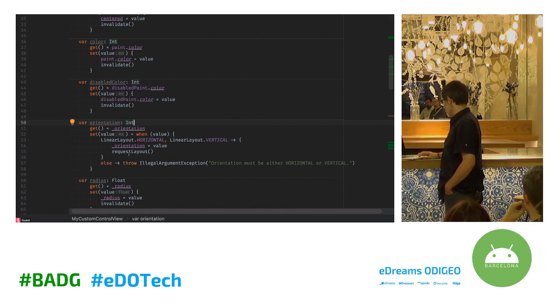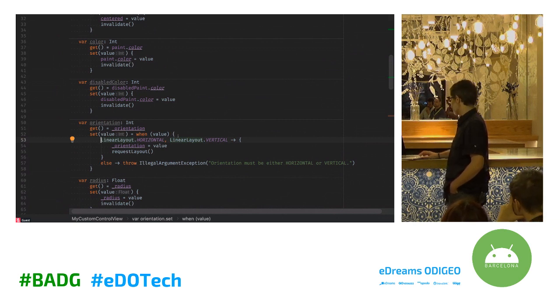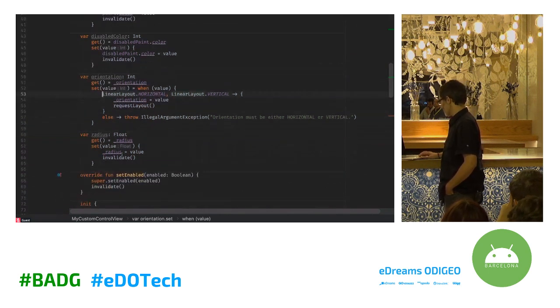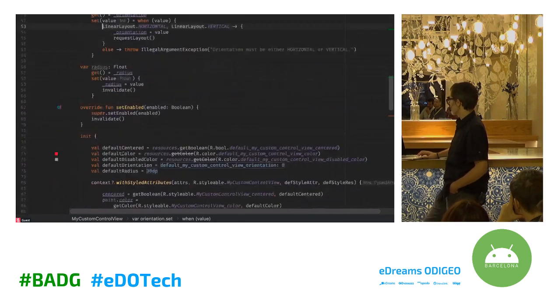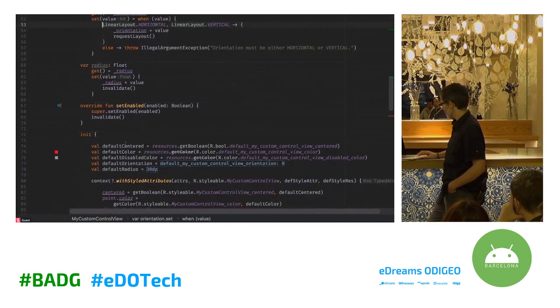This example would be this one, request layout. So in the orientation, if I get a new value, I'm getting an integer, I check if it's a valid value, horizontal or vertical, I save it, and I request a layout. So that would be the different properties of the control.